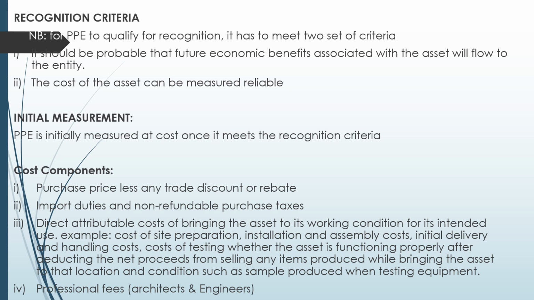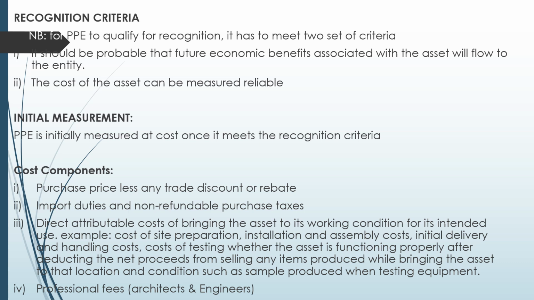It says that it should be probable that future economic benefits associated with the asset will flow to the entity. So after today, after a year going into the future, it should be certain, it should be ascertained, it should be possible that it will still contribute towards the profit making of the organization.